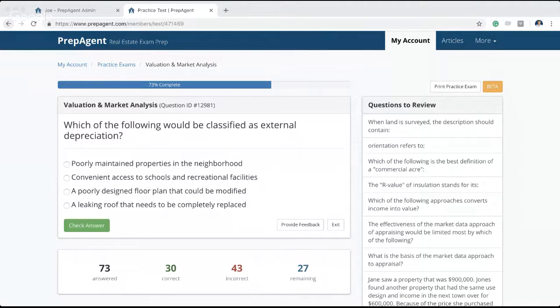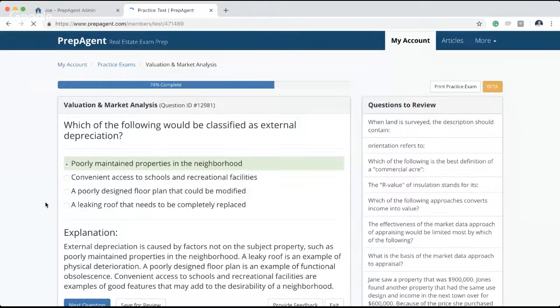And hello, Michelle from Bakersfield. A, good. Poorly maintained properties in the neighborhood, good.